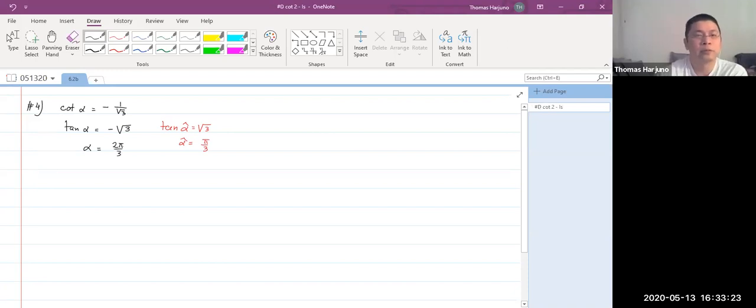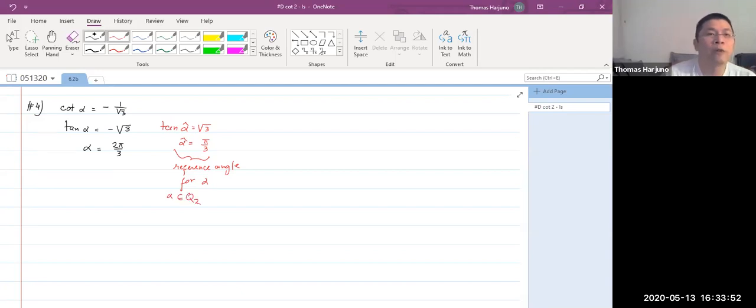Now, don't forget that this will act as a reference angle for alpha, and the alpha that I look for is in quadrant 2.